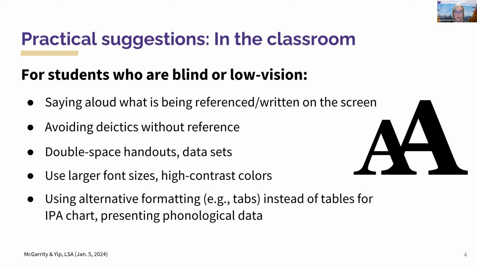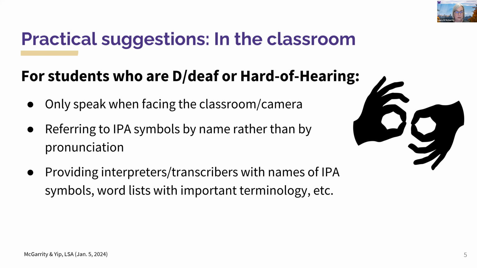Tables, for instance, which are traditionally used for presenting the IPA chart or phonological data, can be difficult for some students with low vision to see. So using alternative formatting, such as tabs, might be preferred. For students who are deaf or hard of hearing, only speak when facing the classroom or the camera so students can see your lips.